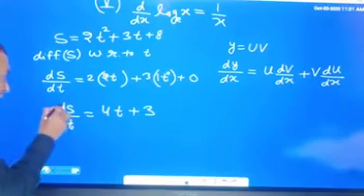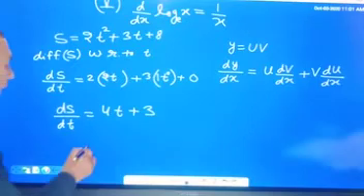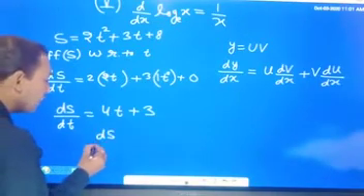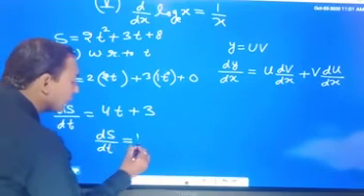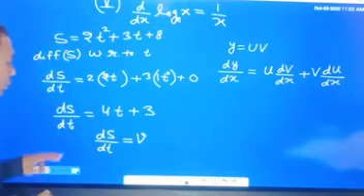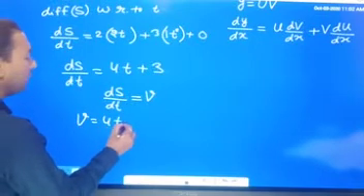So this becomes the rate of change of distance with respect to time, and the rate of change of distance with respect to time becomes speed. So now the speed of this body is 4t plus 3.